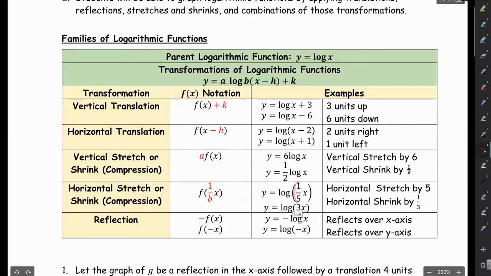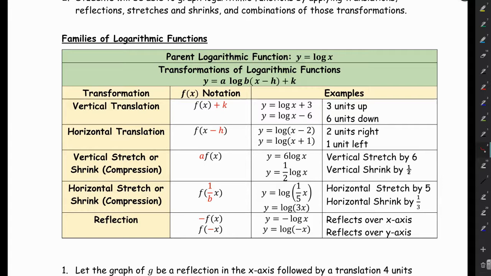So if we have 1 over 5, that's going to be a horizontal stretch by 5. If we have a value greater than 1, in this case a 3, inside the parentheses in front of x, that's a horizontal shrink by a third. That's always the trickiest one. The horizontal stretch and shrink are usually the most difficult to process.